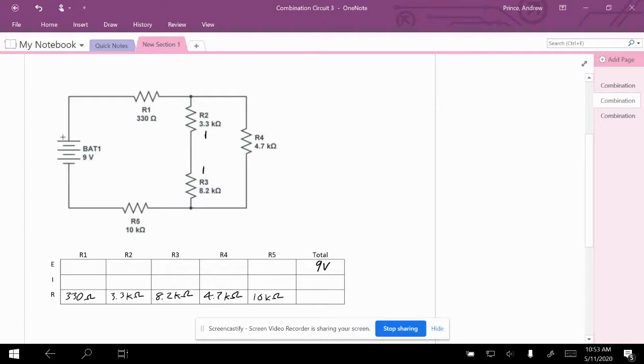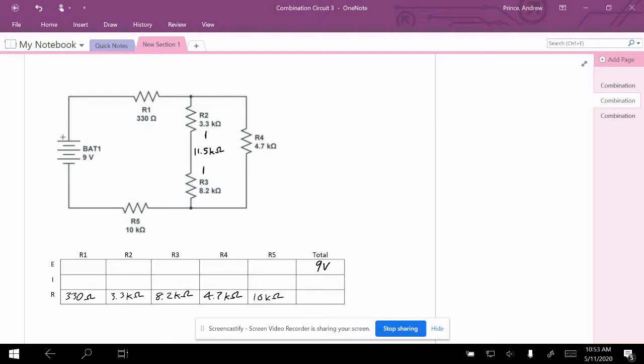So step one is going to be combining R2 and R3. We're going to add them because they're in series with each other. So 3.3 plus 8.2 gives us 11.5 kilo ohms. Then we take our reciprocal value formula for the parallel resistors.